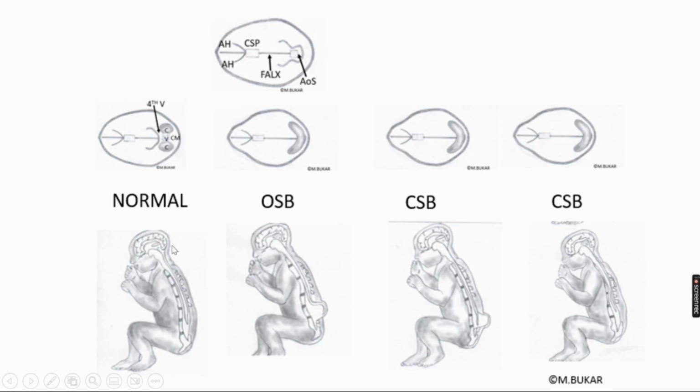Now, this is a normal case. In a normal case, the posterior fossa is normal. At the level of the forebrain ventricle here, you can see the ventricle, the cerebellum, the vermis, the cisterna magna. All this will be seen.